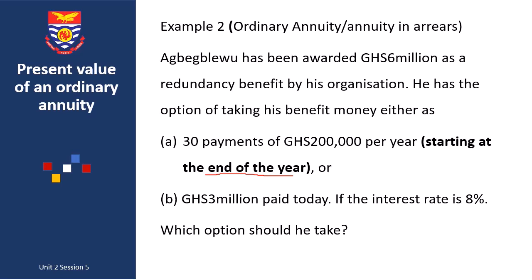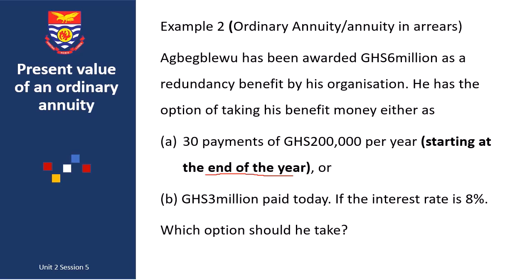It's very simple. The question has given us the future payments that are going to be made, and it has also given us the present, or in today's terms, if the amount is to be paid today, he is going to receive 3 million Ghana cedis. If the interest rate is 8%, which option should he take?